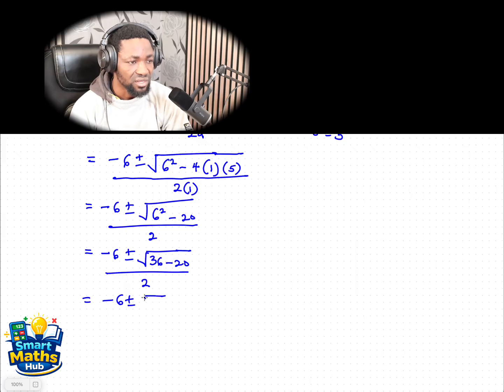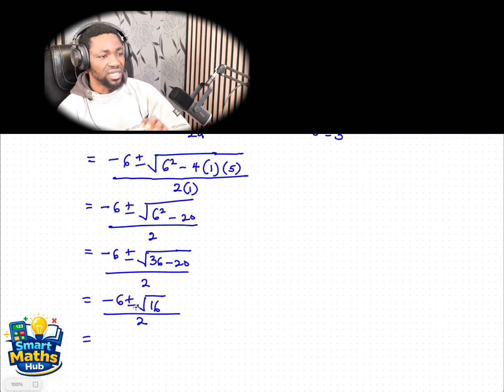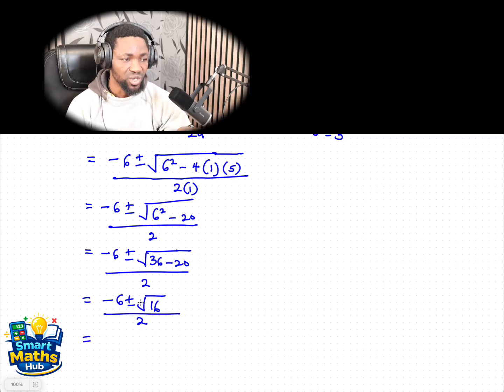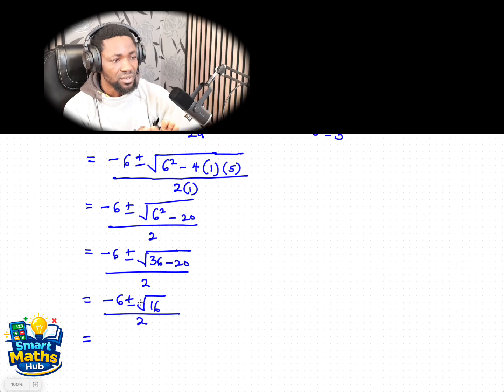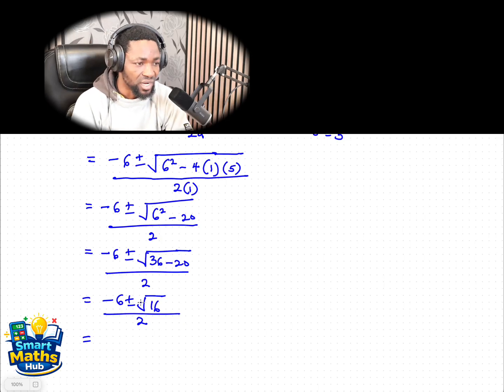So what do we have here? We have 16, right? 36 minus 20 is 16, everything over 2. Now at this stage, you will share the plus and minus. You will separate them. Plus will be on one side, while minus will be on the other side.